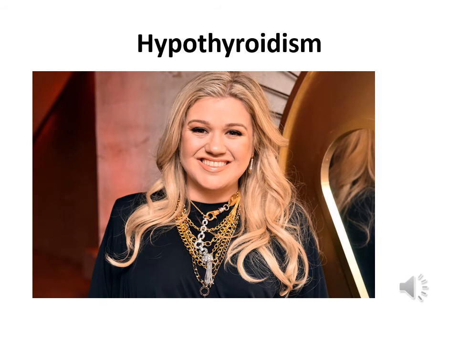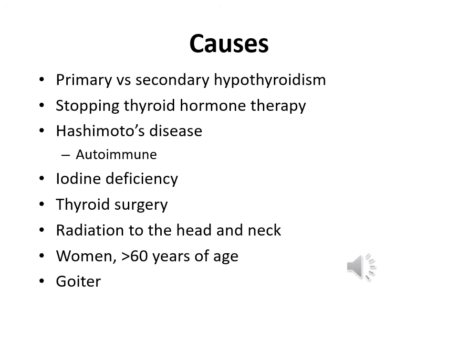Hypothyroidism is a deficiency of thyroid hormones which causes a slowing of the metabolic rate. Primary hypothyroidism is caused by atrophy of the thyroid gland, destruction of thyroid tissue, or defective hormone synthesis. Secondary hypothyroidism is caused by pituitary disease with decreased TSH secretion.